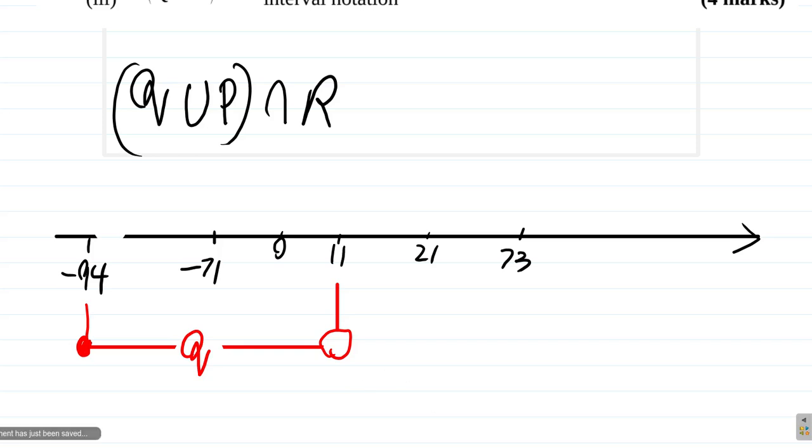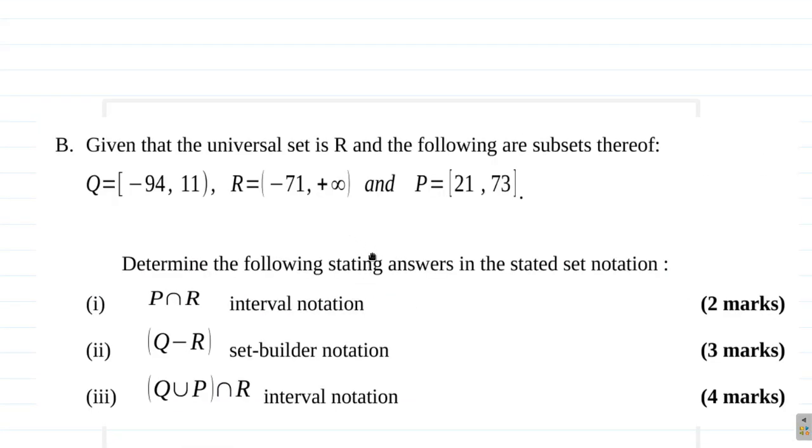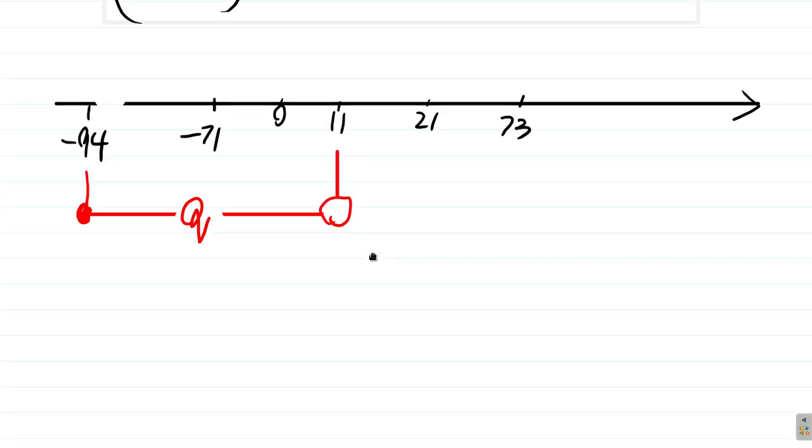We have our R. R goes where? Negative 71 to infinity.